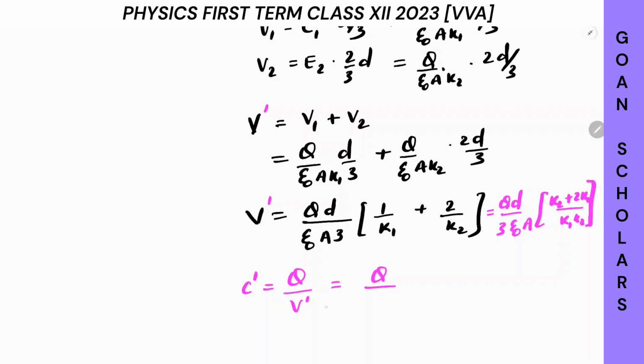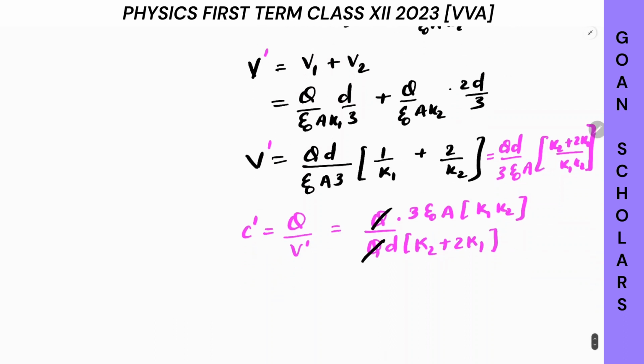Q upon V dash will be Q D into K2 plus twice K1 in the numerator, into 3 times epsilon naught A K1 K2. Now you can cancel out Q with Q. What we are left with is 3 times epsilon naught A by D times K1 K2 upon K2 plus twice K1.